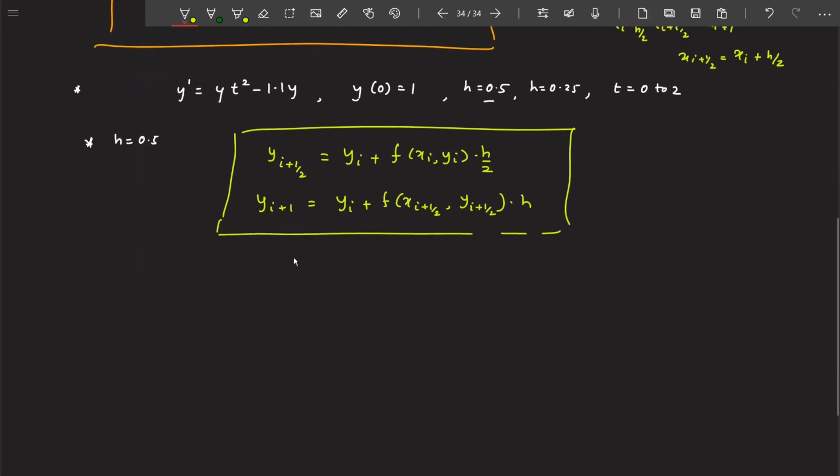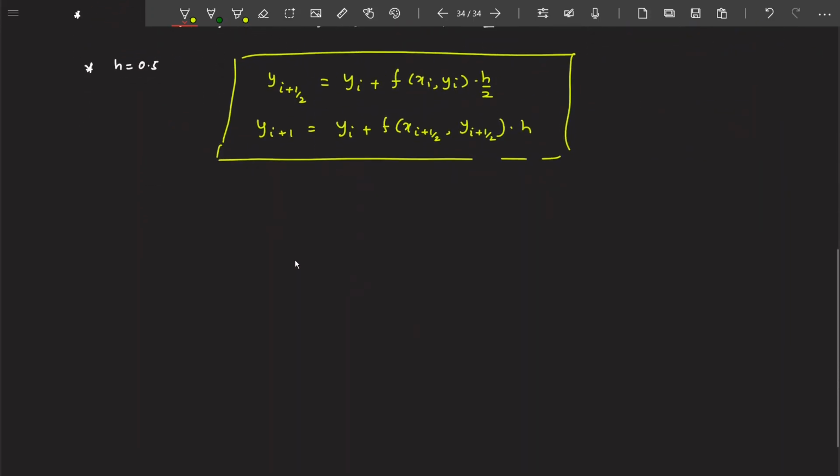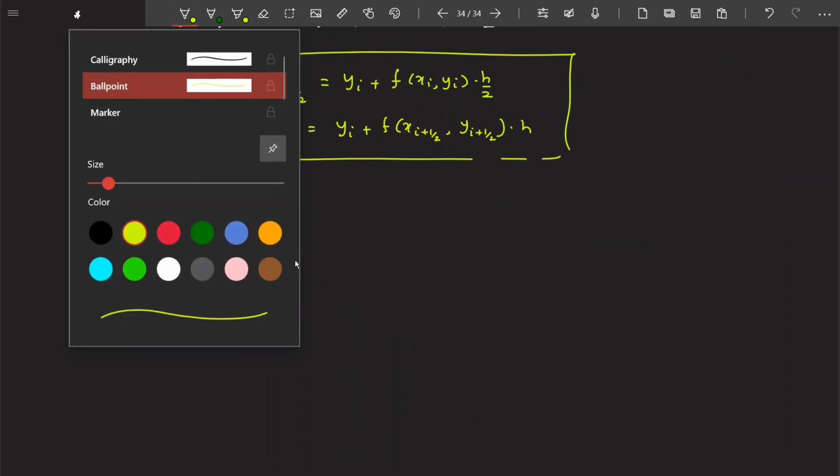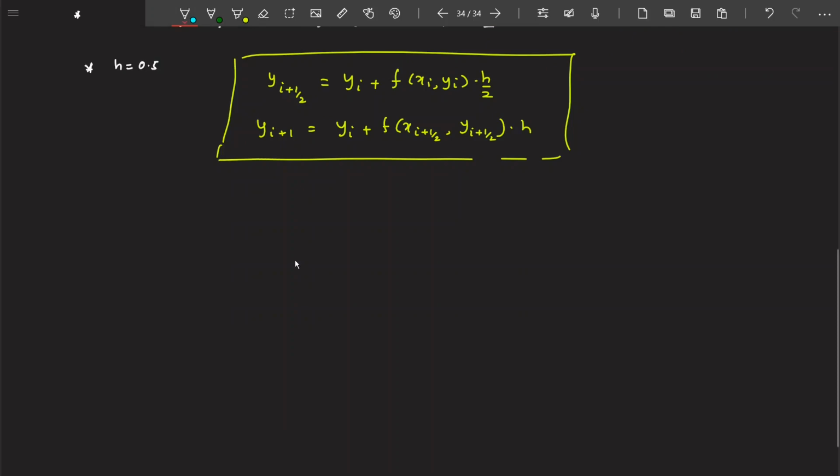Again, I am going to follow the table method. If you see the formula, you'll understand what our requirement is. First of all, let us talk about h. So h again is 0.5 and h by 2 is going to be 0.25.